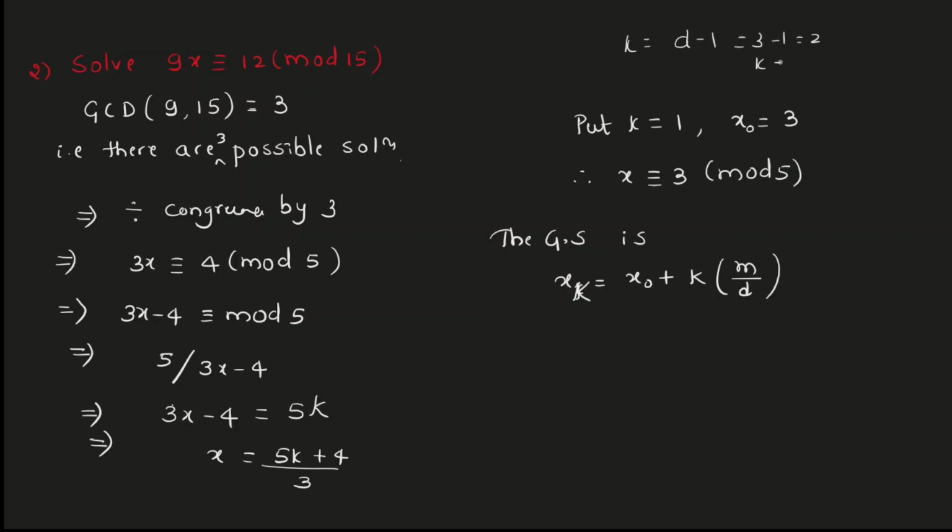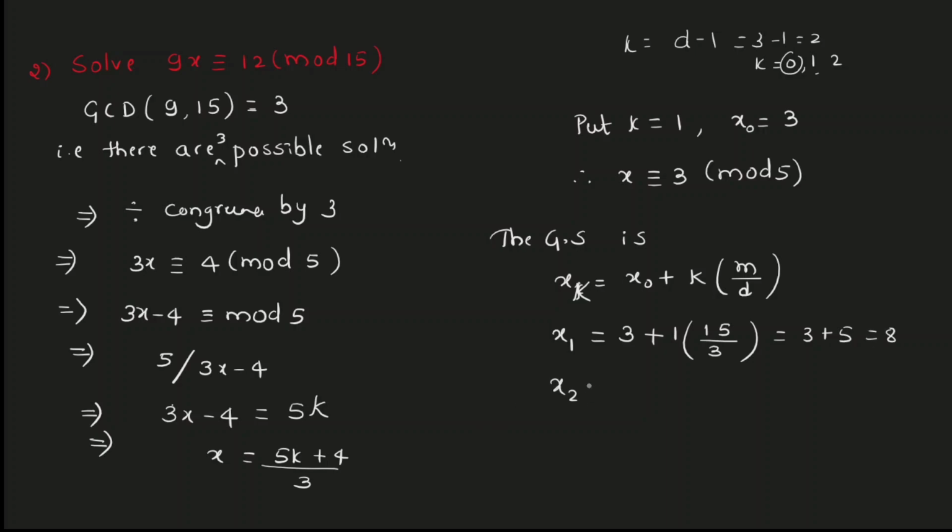So you can put k as 0, 1, 2. x naught we already know, so you can put k as 1 and 2 now. When you put k as 1, x1 is equal to x naught, that is 3, plus k as 1 into m by d. What is your m? m is 15, d is 3. So it is 3 plus 5, 8.